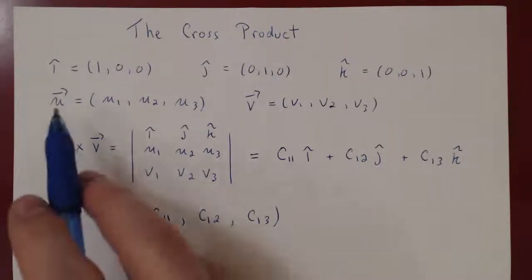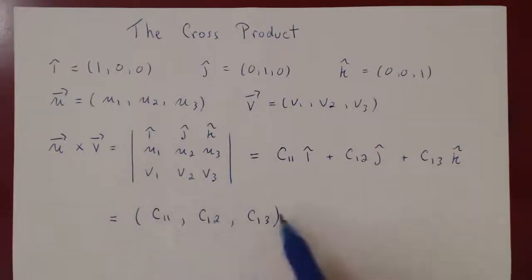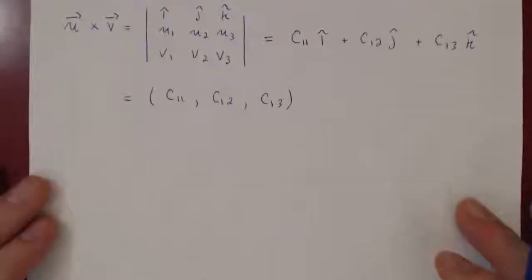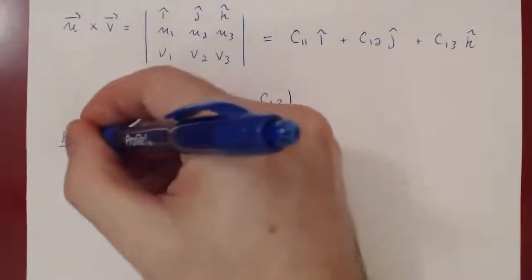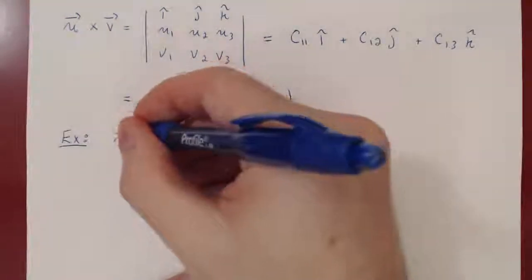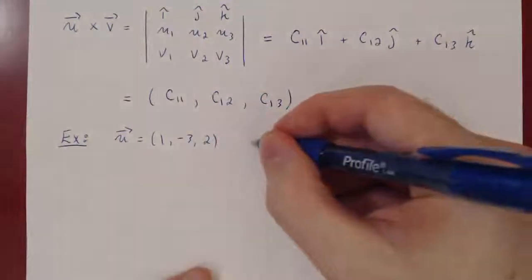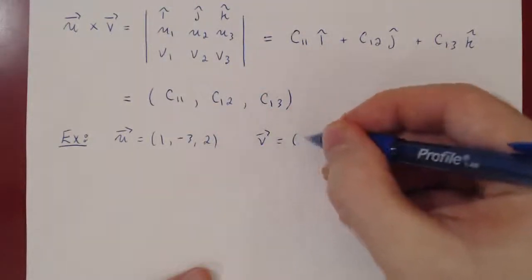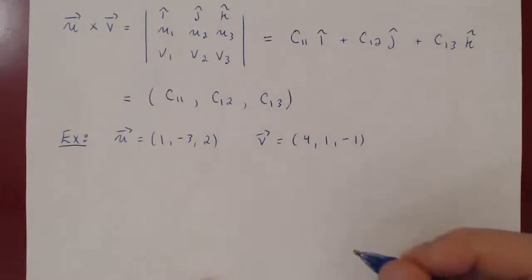As you can see, the two vectors were vectors in R3 with three components. Their cross product is also a vector in R3 with three components. So, suppose that vector u is given by 1, negative 3, 2, and vector v is given by 4, 1, negative 1.